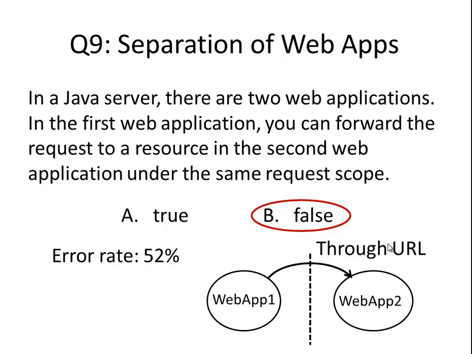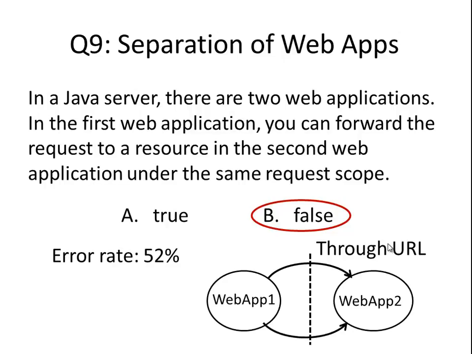This is the external way, because when we access an external resource, external means outside the current web server, we can use URL, right? But here we access a resource from a different web application in the same server, definitely we can use the external URL way.